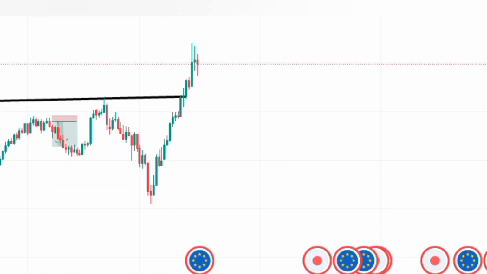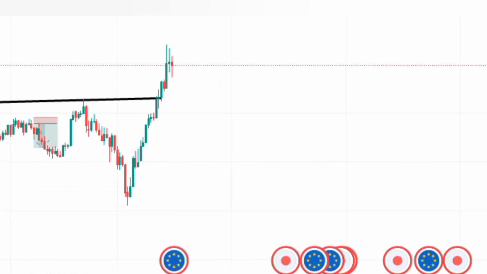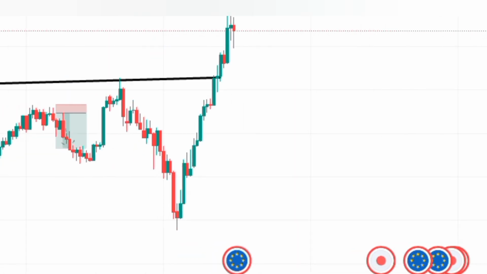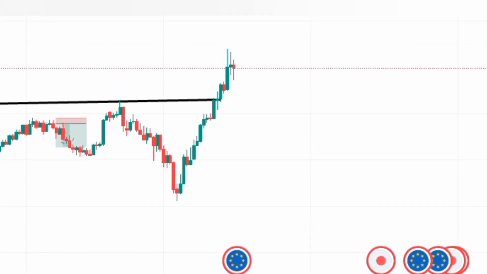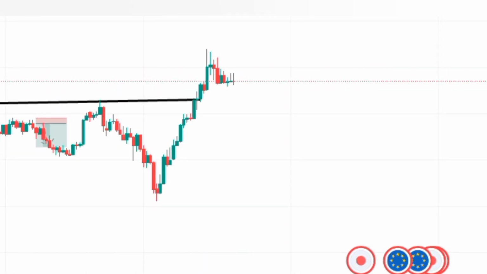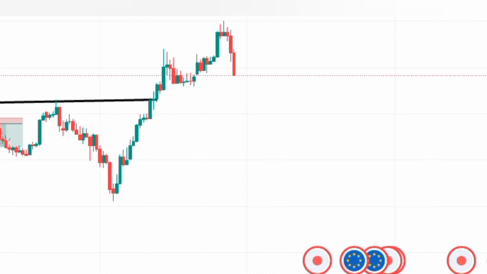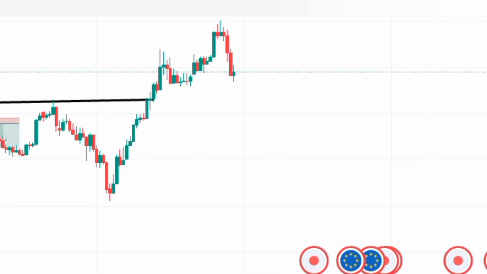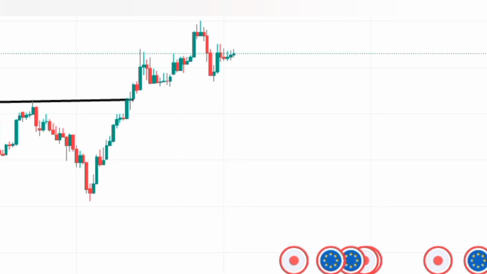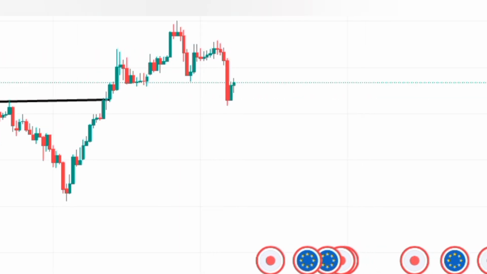So as you can see here, there is a structure shift. Okay, so now we're waiting for some retracement before you can enter the market. Okay, as you can see now, the retracement is coming.